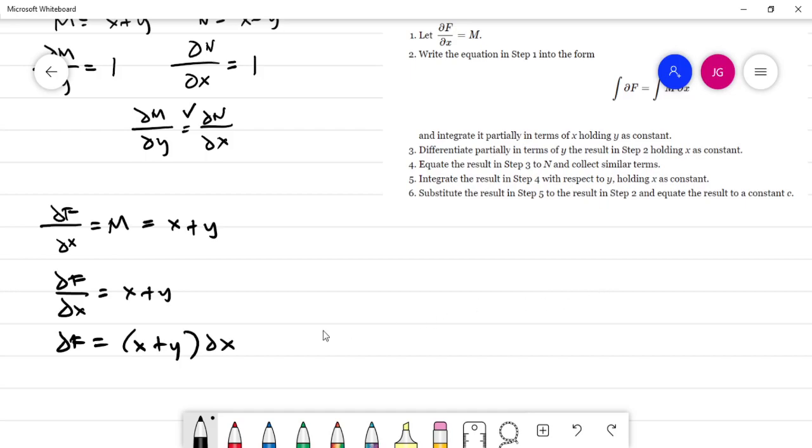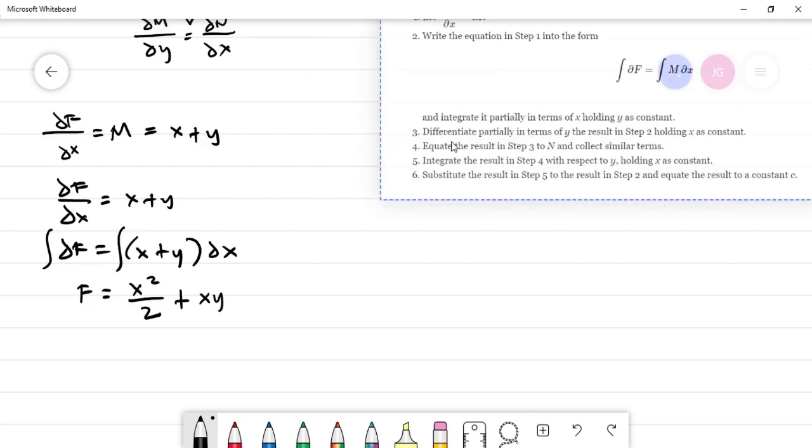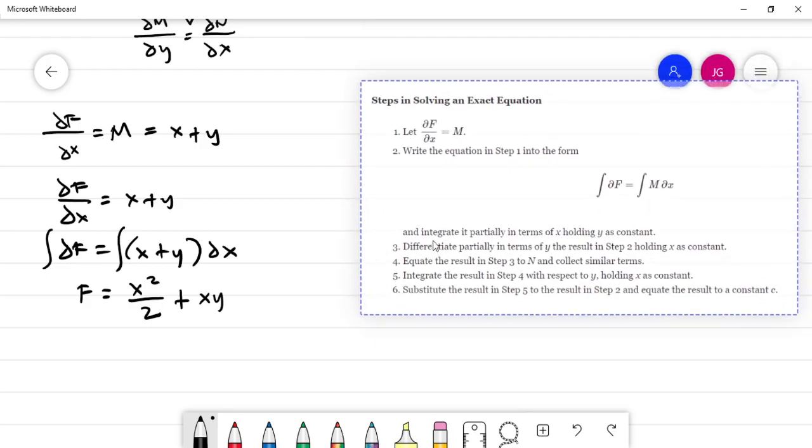In terms of x, we integrate it. So we have f is equal to, in terms of x guys, in terms of x, which means x squared over 2. Then y is constant, right? So since y is constant, we have plus xy. Okay?